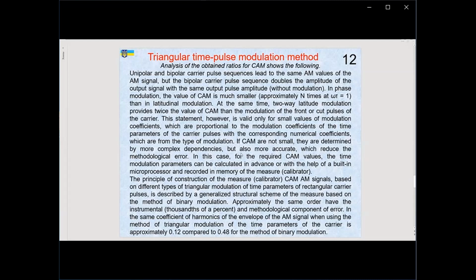Then the modulation of the front or cut pulses of the carrier. The statement, however, is valid only for small values of modulation coefficient, which are proportional to the modulation coefficient, to the time parameters of the carrier pulses with the corresponding numerical coefficients, which depend on the type of modulation.